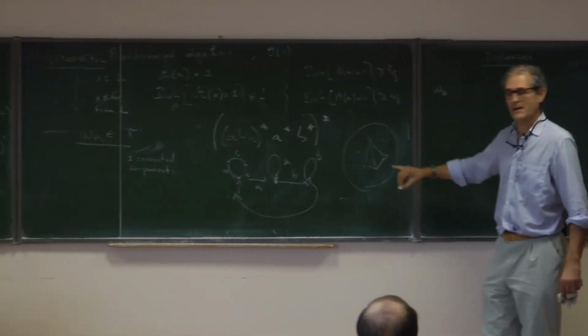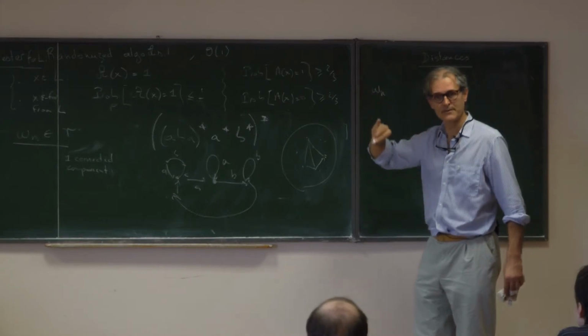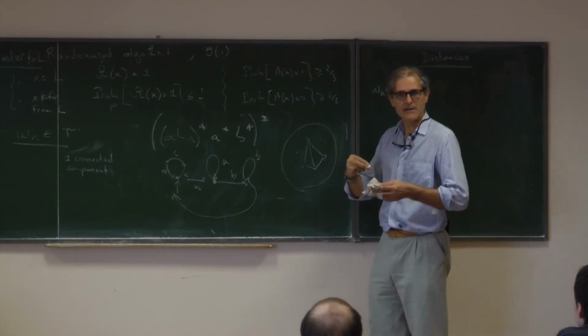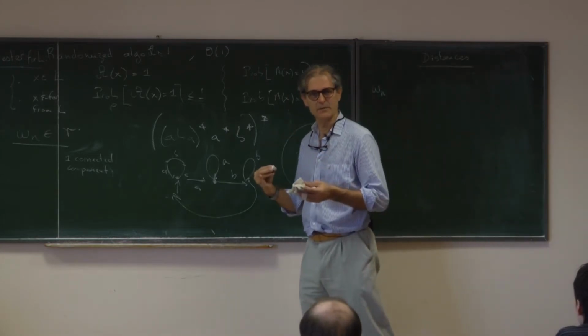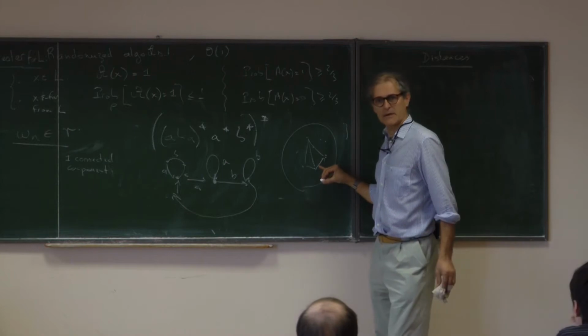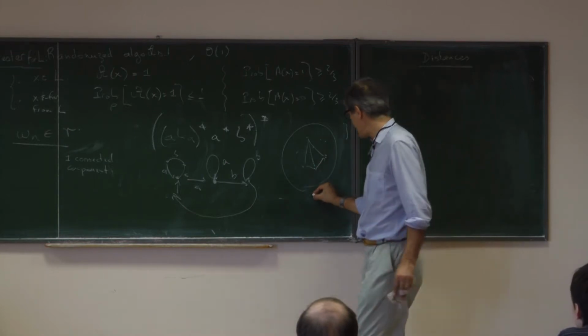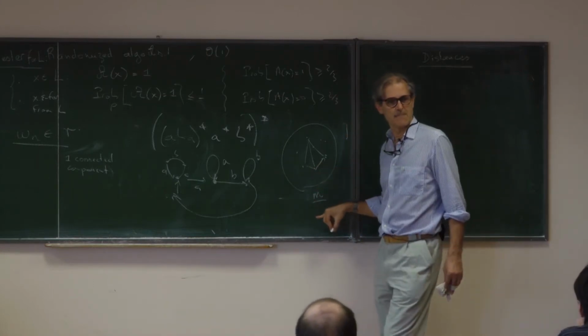In a graph like this, the first thing you do is you look at simple loops, so loops that are the smallest. You imagine that any other loop is a combination of simple loops. Now, the key to the story is that if you take m states, the number of simple loops is exponential in m.